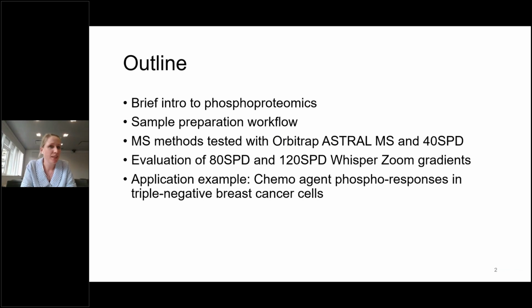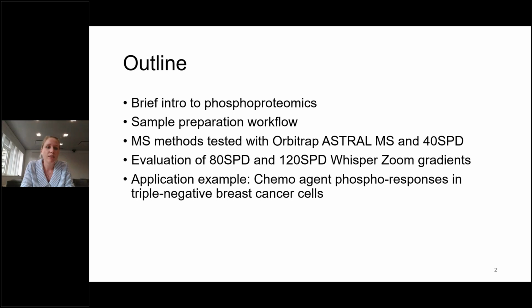I'll just move straight to the outline for my presentation. I'll walk over a brief introduction to phosphoproteomics. I'll introduce you to the sample preparation workflow. Then I will talk a bit about the MS methods that we tested with the Orbitrap Astral Mass Spectrometer and the 40 samples per day Whisper method.